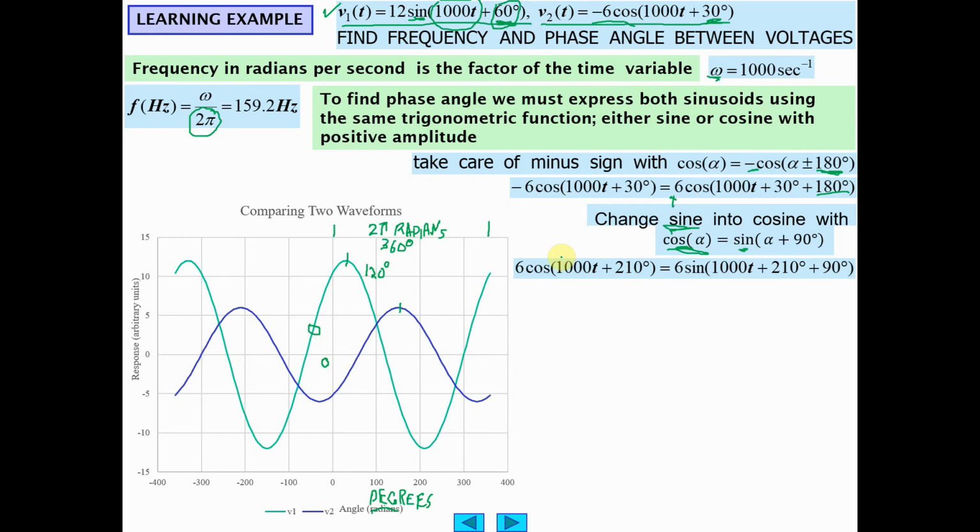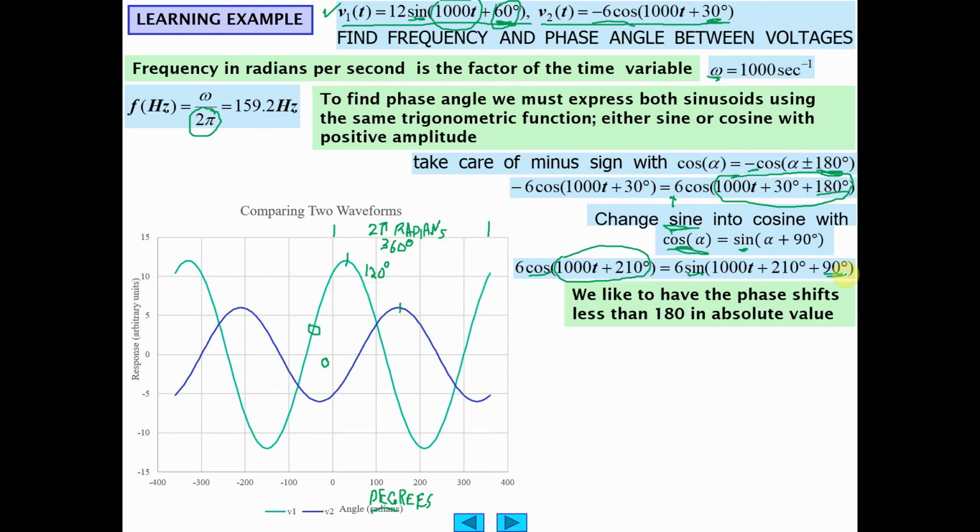We take the angle given before, which came from this equation right here, and add 90. The cosine equals the sine of the argument plus 90. That's the trig identity.